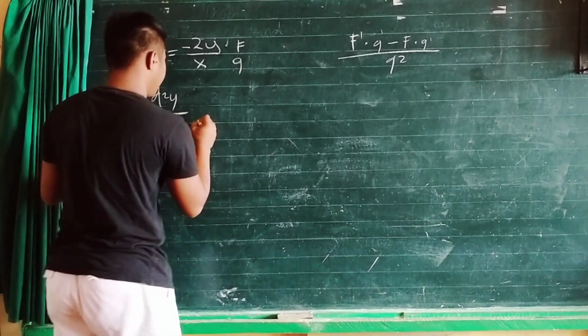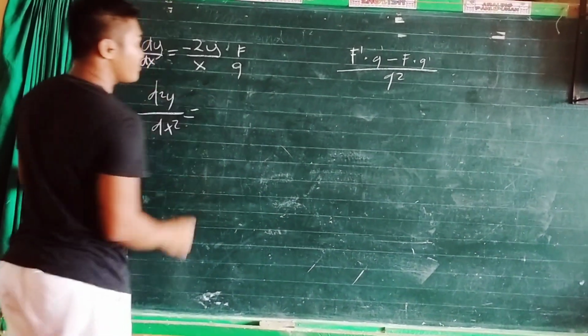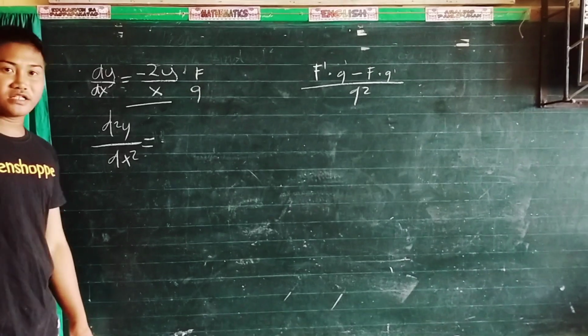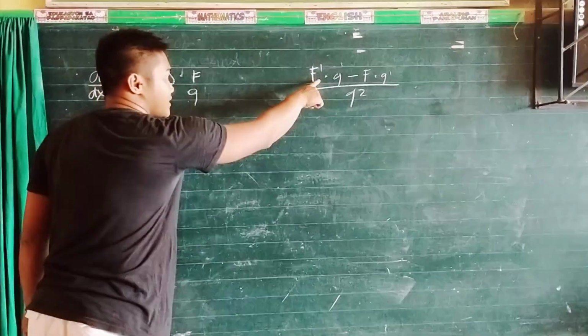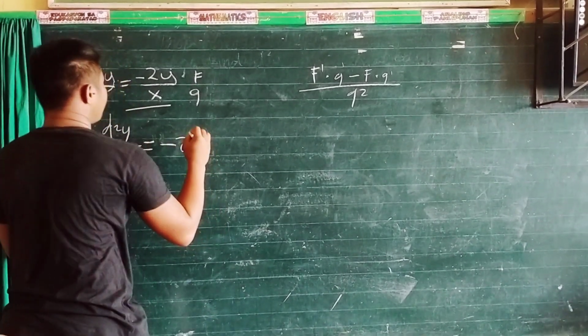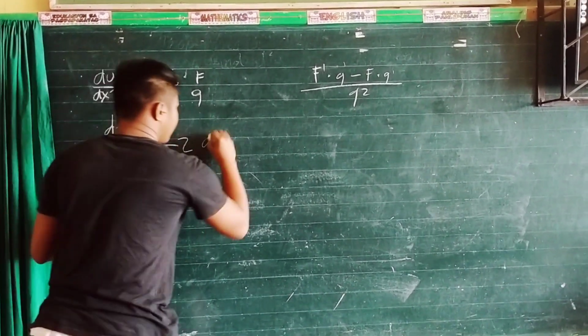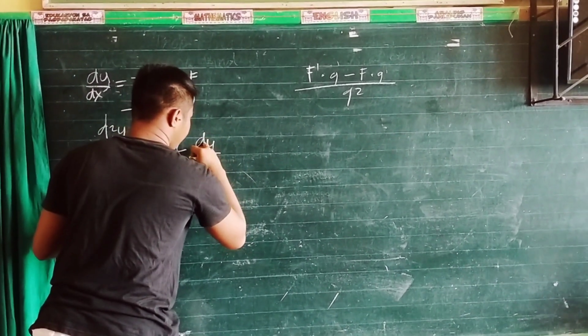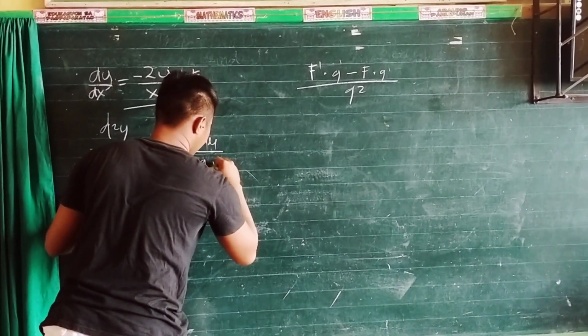So let's have d squared y over dx squared equal to, so next, we have to find f prime. Our f prime here is negative 2 dy over dx.